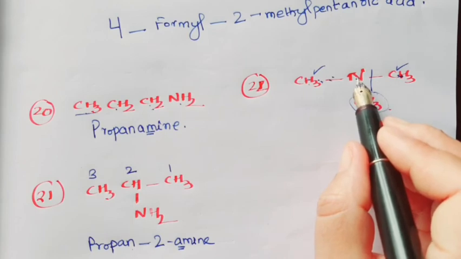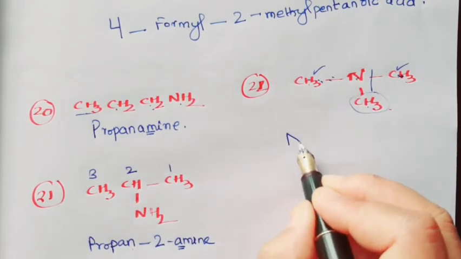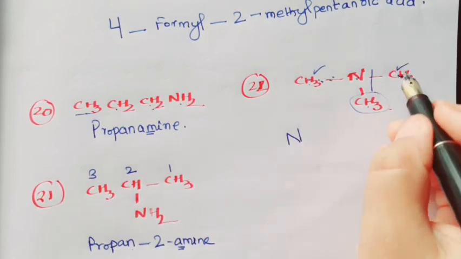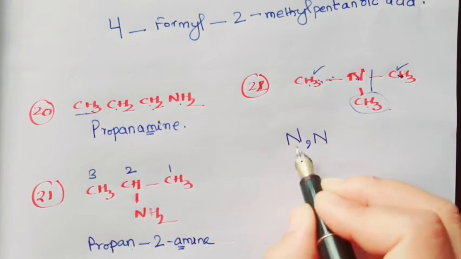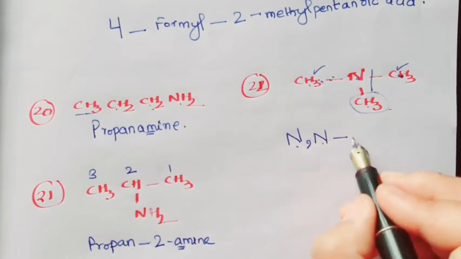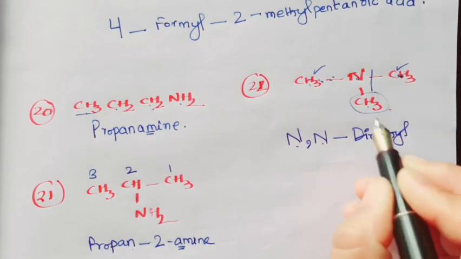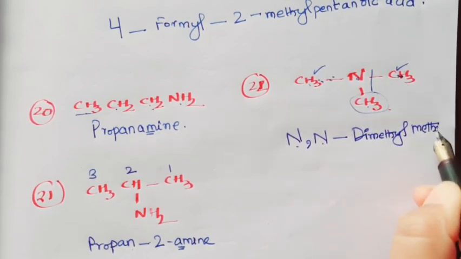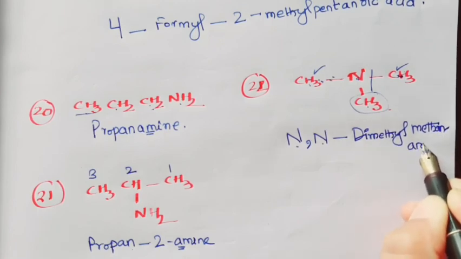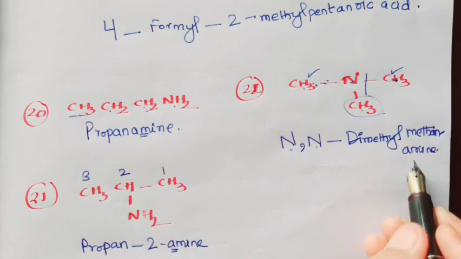It is on nitrogen. So when it is on nitrogen, how are we going to number? We write N. So this methyl's position is N, and this methyl's position is also N. So how many are there? There are two. So dimethyl. Okay. Now there is one carbon. So meth. Then N and amine. So what will the IUPAC name be? N,N-dimethylmethanamine.